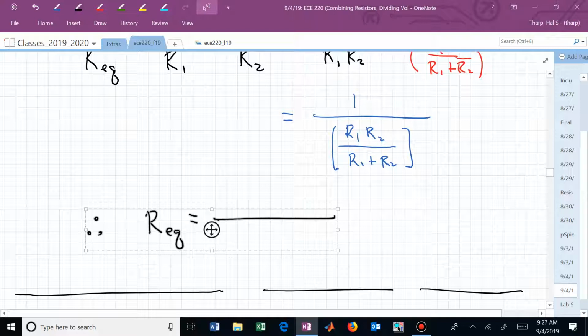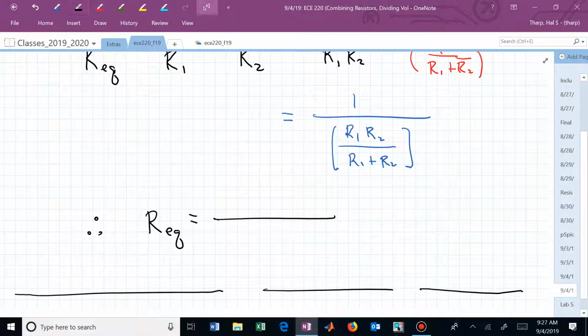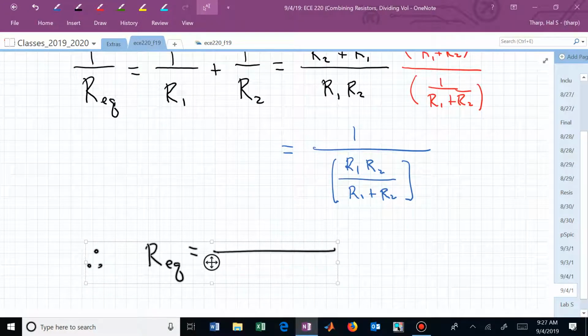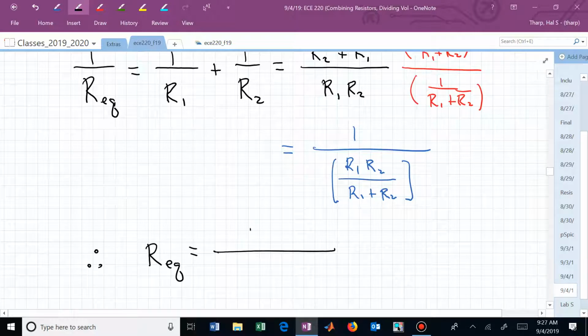That should allow me to write then R equivalent is just what's in the denominator, which in this case is the product of those two parallel resistors divided by the sum of those two parallel resistors.